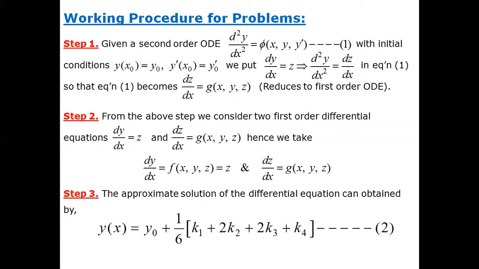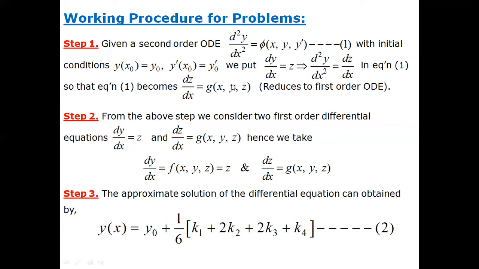Now after this, we'll move to the second step. Step 2 is, from the above step, we consider two first order differential equations. What are the first order differential equations we have here? This one, dy by dx is equal to z, is one first order differential equation.